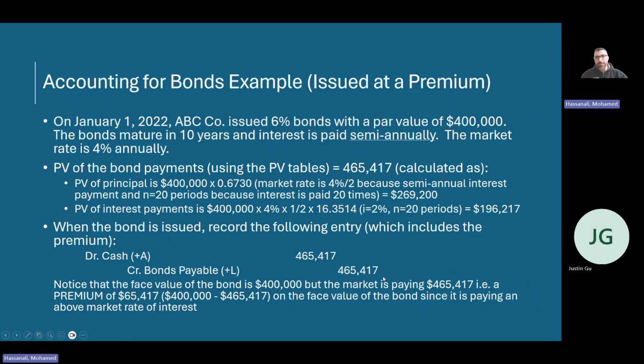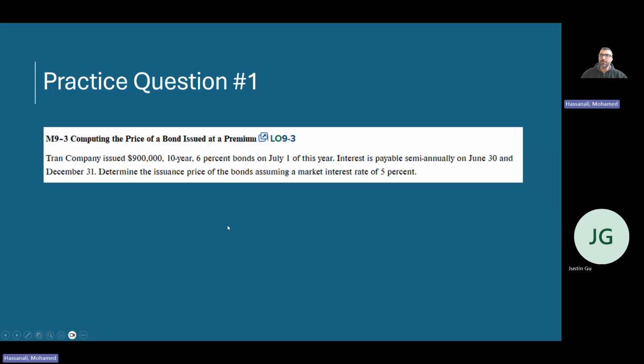So like we talked about in the previous example, 465 is the ending number as your non-current liability. You could record it as showing a bond payable of 400,000, add your premium on bond of 65,417 as two separate lines, and then show the net as 465.